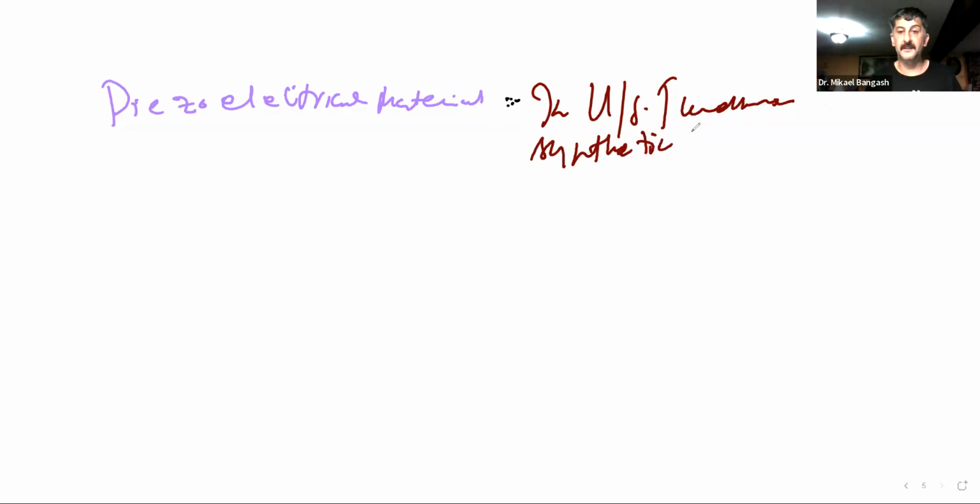Clear? And what is synthetic? That means something that is man-made, not a material that is found in nature as we have it.